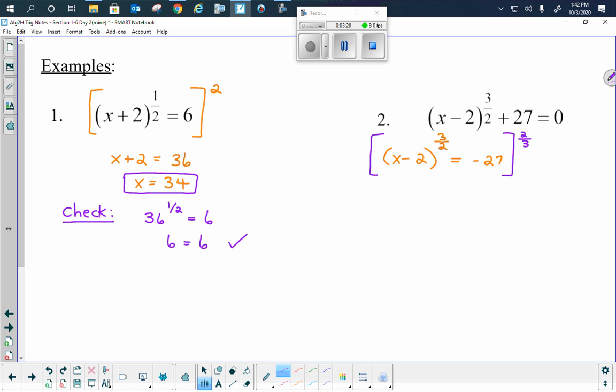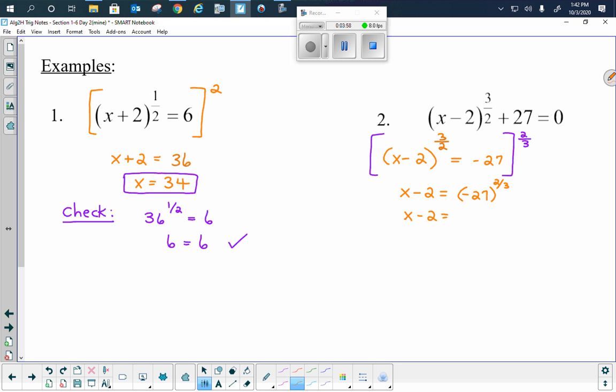The 3/2 and the 2/3 are going to multiply to be 1, so they're going to cancel each other out, and I'll just be left with the x minus 2. On the right-hand side, I need to be careful to make sure that I know what to do with the -27 to the 2/3 power. So we'll talk about that. I'll leave that part alone, x minus 2.